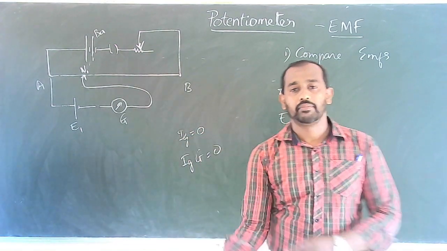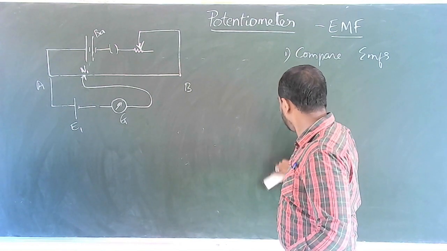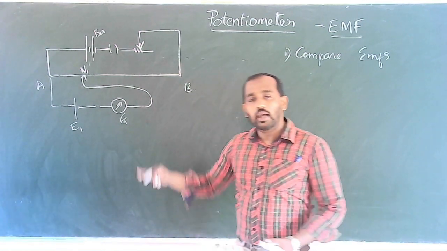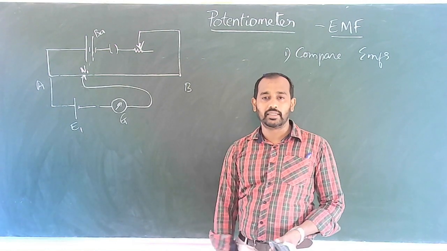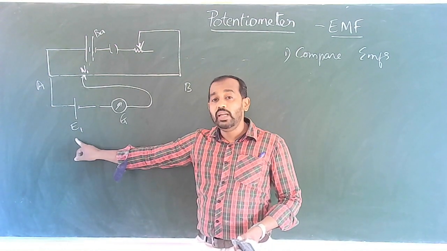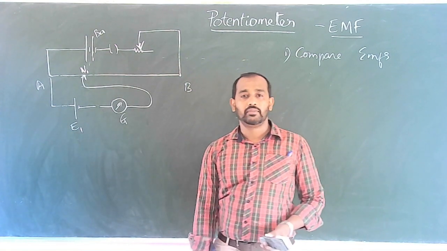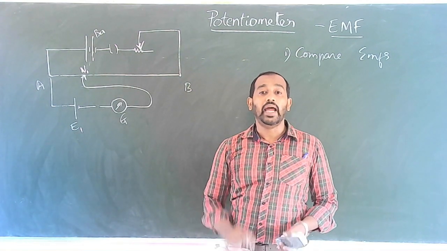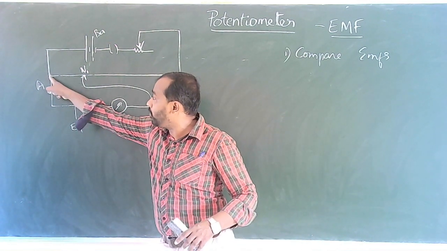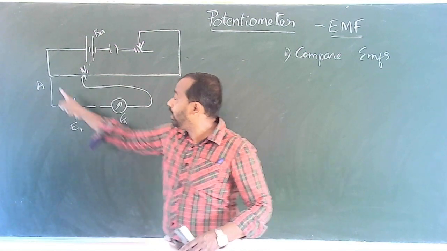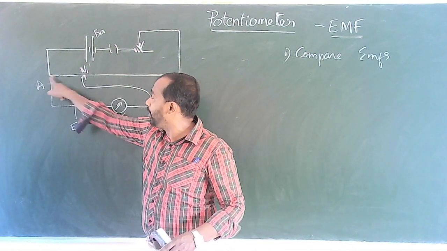Now, what are the possible EMFs and also the IR drops here that we are going to consider? Here there is only one cell, having the EMF E1. Only one EMF is present, and also there will be a potential drop across the potentiometer wire of length, say, A to N1.